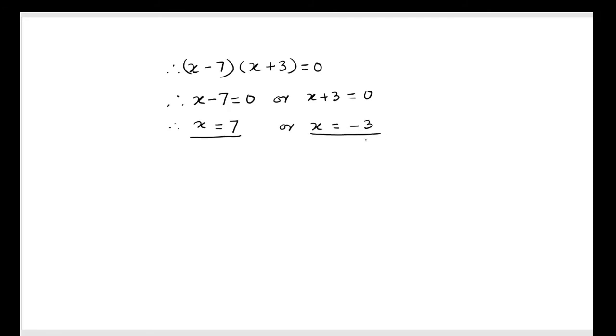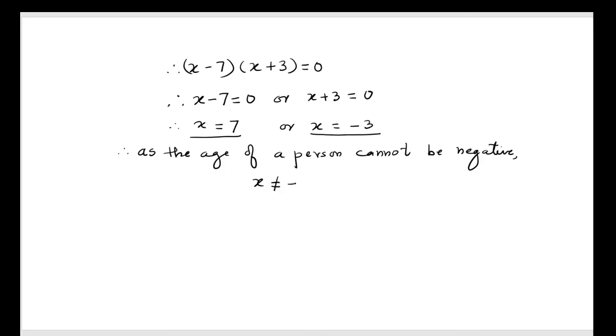My dear friends, the age of Rahman cannot be negative, because it will mean that Rahman is still to be born, which is not possible in mathematics. Therefore, we will say as the age of a person cannot be negative, x is not equal to minus 3.